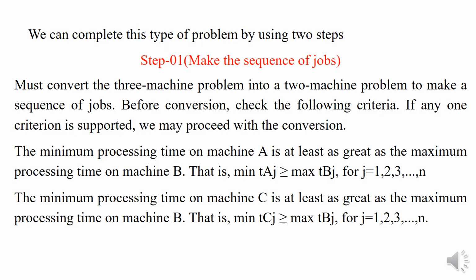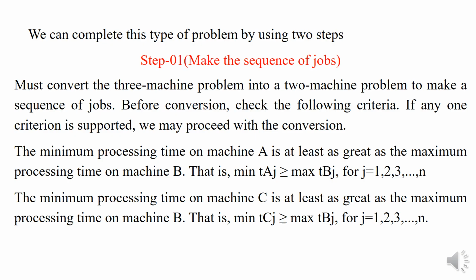Condition 1: the minimum processing time on machine A is at least as great as the maximum processing time on machine B. That means the minimum processing time on machine A is greater than or equal to the maximum processing time on machine B, and this is the symbolic representation of this statement.